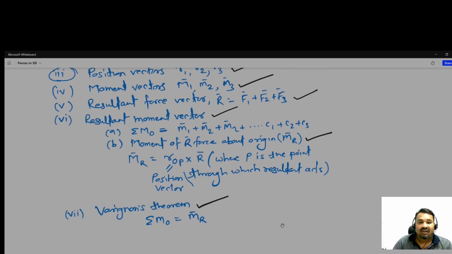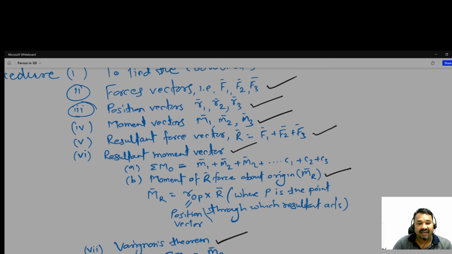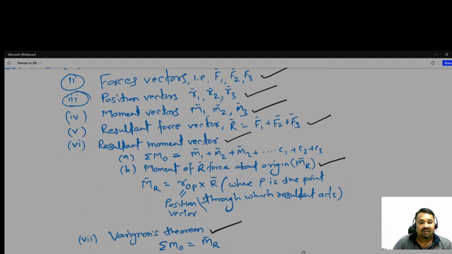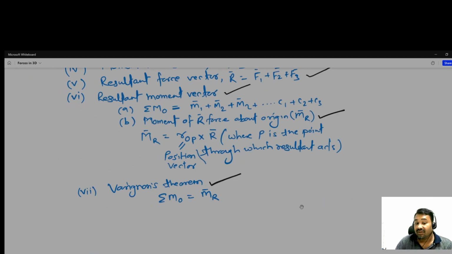In this question we have to find the resultant and also its position, that is P, X, Y, Z. So this resultant lies in the X and Z plane.